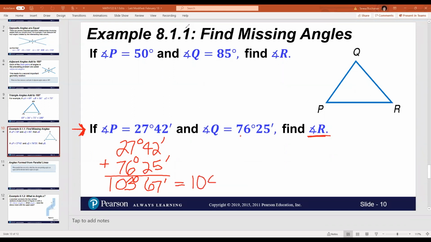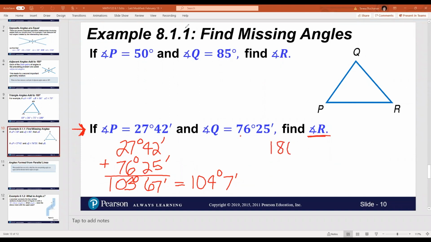Actually, I have then 104 degrees, and 67 minus the 60 leaves me 7 minutes. So it's like taking enough nickels and dimes and turning it into a dollar. We're taking out 60 minutes, calling it 1 degree, adding that in to the 103, and the remaining minutes is 7.